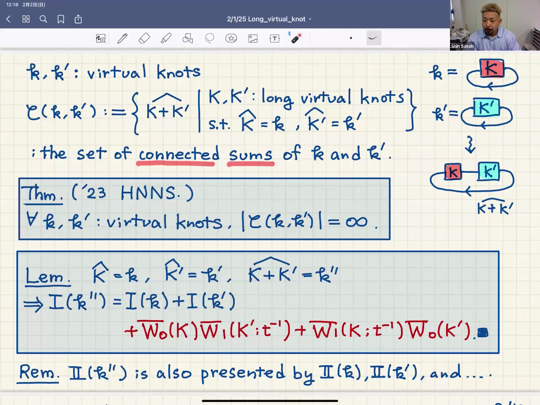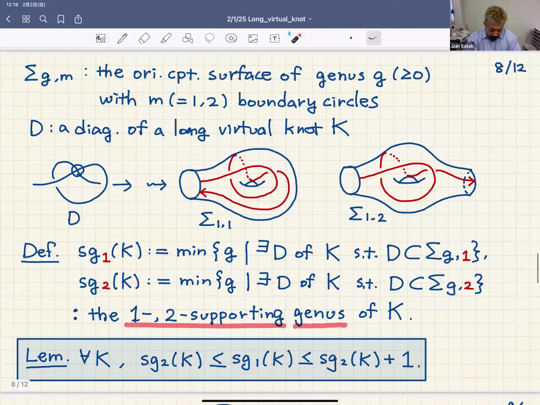Another application of the polynomial invariants is about the supporting genus of a long virtual knot. Let sigma G,M be the oriented compact surface of genus G with M boundary circles. For a virtual knot diagram D, we can consider two kinds of surface realizations with boundary as follows.